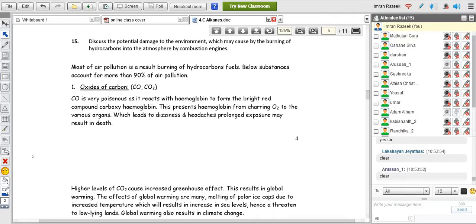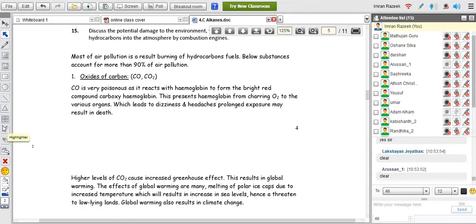In fact, carbon dioxide is not a toxic gas for humans, but it's a harmful gas for the environment, because it's a greenhouse gas. As for carbon monoxide, which is produced as a result of incomplete combustion of hydrocarbons, it is toxic for humans.